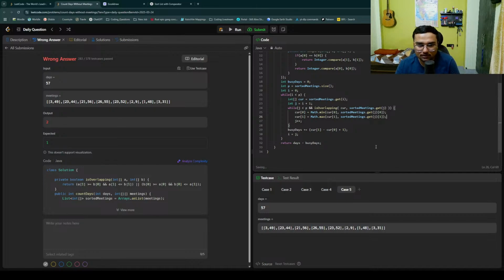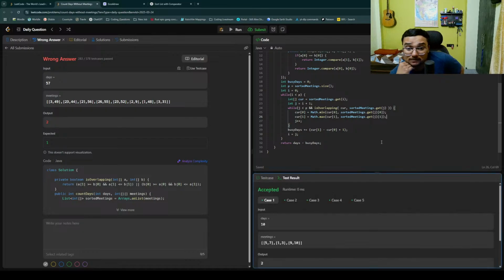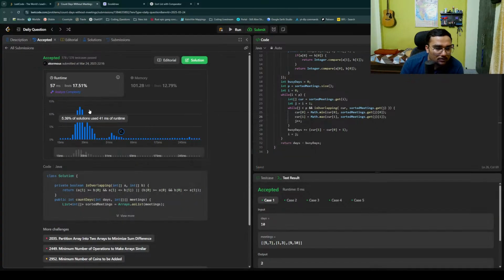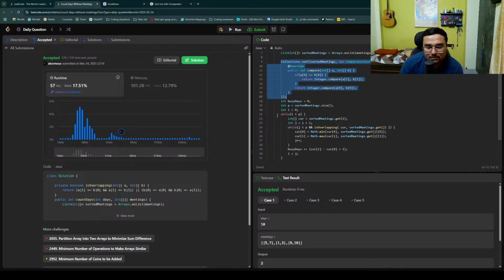This is the logic. Yeah, I think this should be fine, I believe. Yeah, but the performance is pretty bad. What happened here now? Is this expensive? This is expensive for sure. This is not expensive.